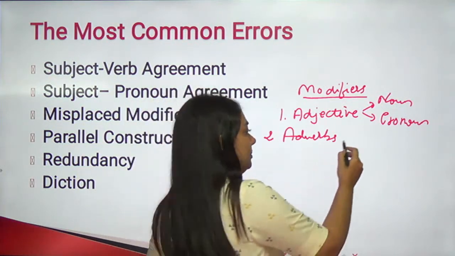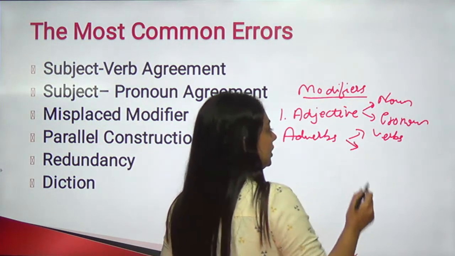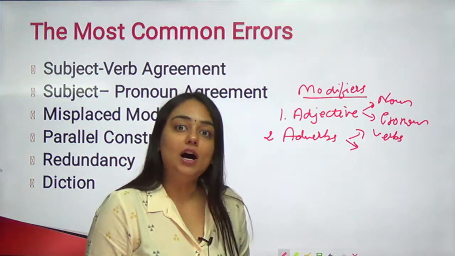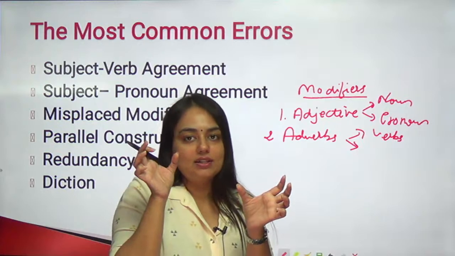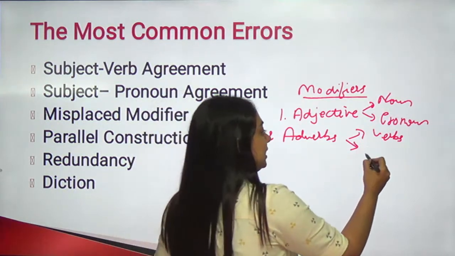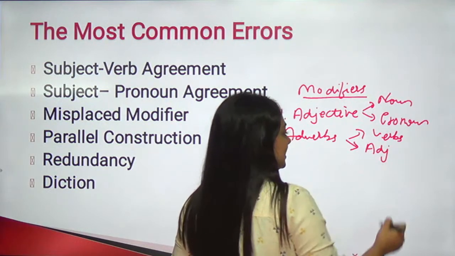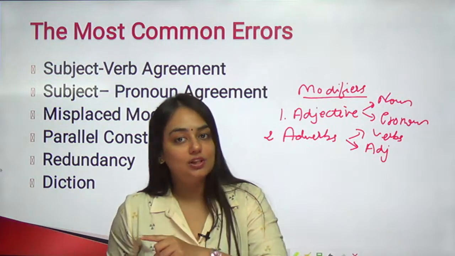The verbs, which we all know. Adverbs can modify verbs. For example, he was running fast. How was he running? The running was fast, because fast is modifying running. It's an adverb. Second is the adjective. Yes, this most of us do not know. Adverbs can modify adjectives also.